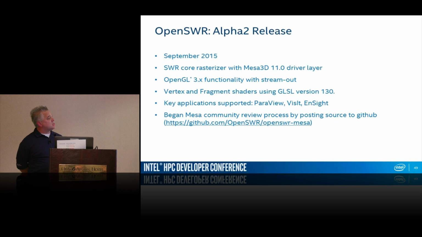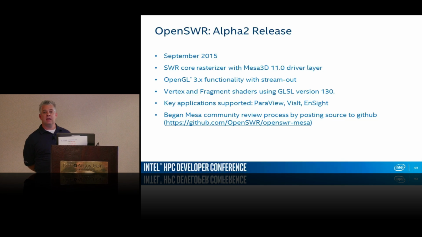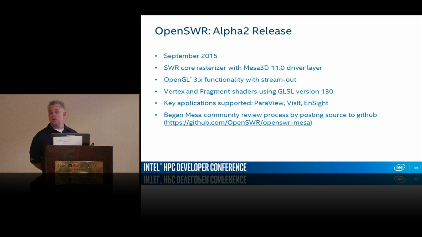The main applications that we are focused on, as Jim mentioned in his talk earlier, are ParaView, EnSight, and VisIt. And we're happy to say that we've been working closely with them and supporting the very latest ParaView release that will be released here at the show, which is using OpenGL 3 functionality and shaders.